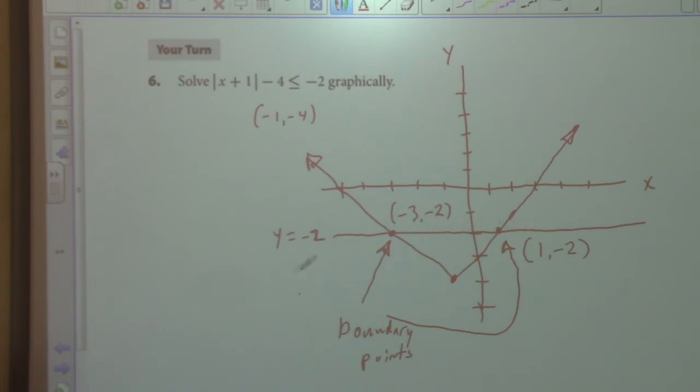And so we would say, x is less than, is it also equal to also? Yes. Less than or equal to 1, right? But greater than or equal to -3.